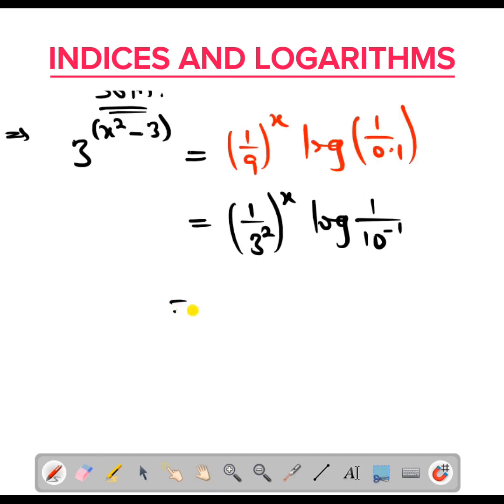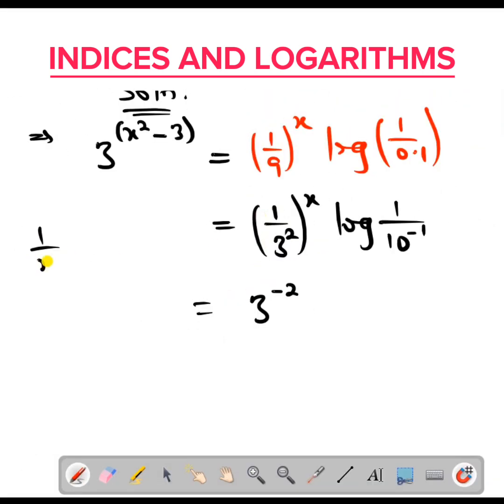Okay, right, this one will now turn to 3 raised to the power of minus 2, because whenever we have 1 all over x to the power of n, it is the same thing as x to the power of minus n. Now, there is already an existing power there, so it will multiply this other power, and the same thing I said here will happen here.